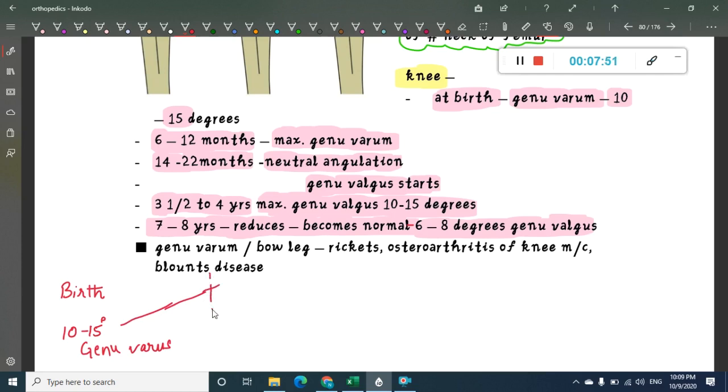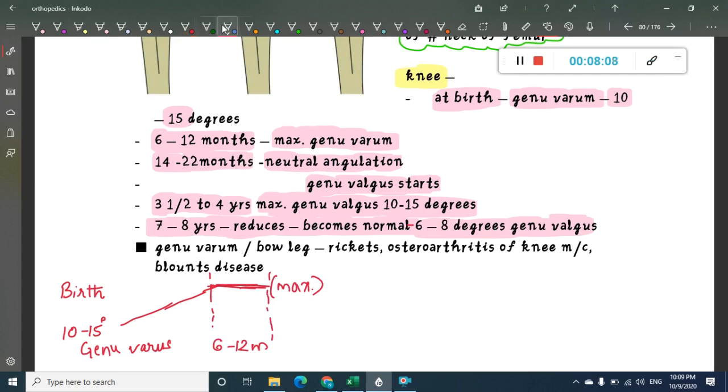By the age of 6 to 12 months, this genu varum becomes maximum. So there will be maximum genu varum at 6 to 12 months.